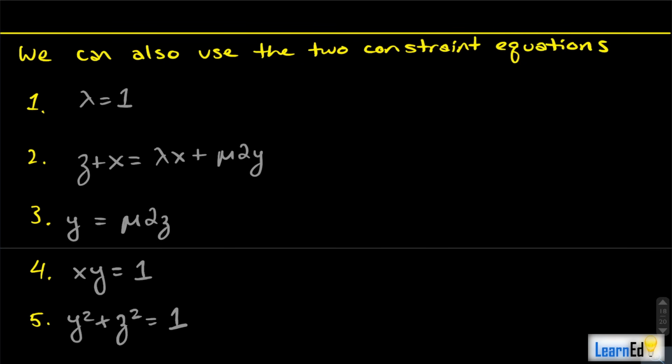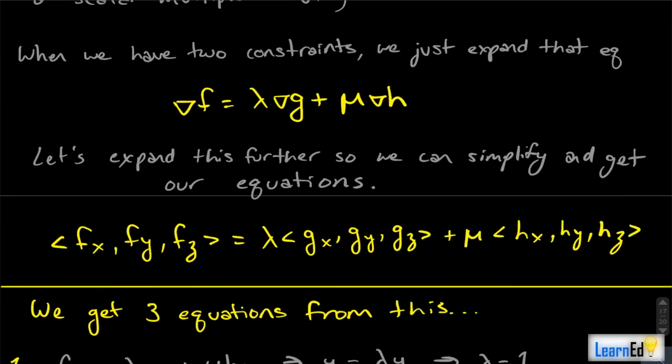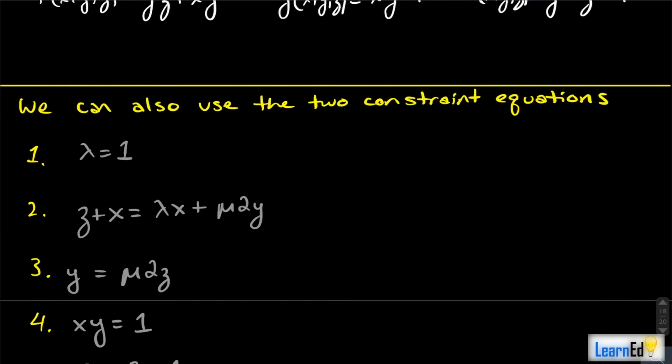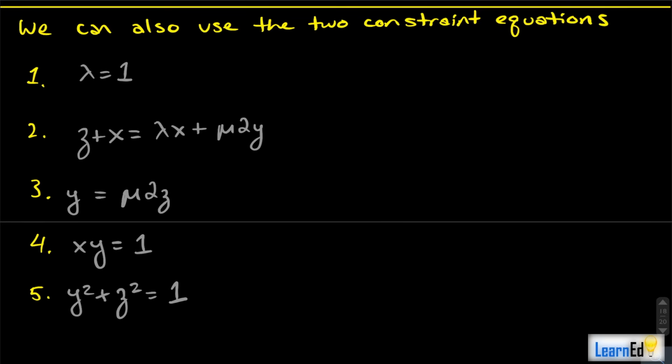That's something to always remember: the number of equations depends on how many variables you have. In this case, we have a 3-dimensional function, so we have those 3 variables, x, y, and z, and then we have lambda and mu. So we need 5 equations to solve for 5 variables. But we don't actually need to solve for lambda and mu. We can just find x, y, and z and be done.